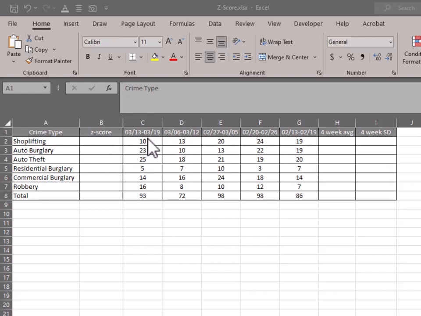So when I say we're comparing a value to the mean of a group, we're looking at the most recent week. The last week, this is the number we're looking at. We're going to compare it to the average, the mean of the prior 4 weeks before that. So we're going to see if, most recently, these trends are up or down from the last couple weeks.